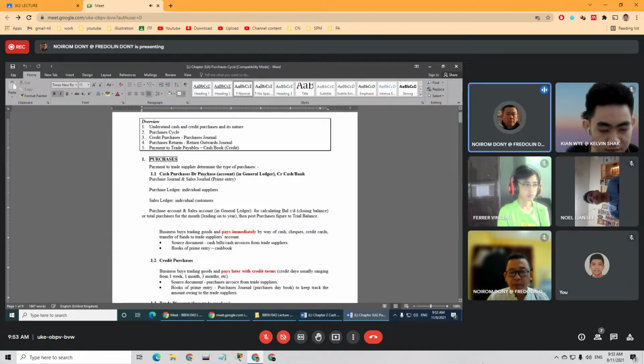we debit purchases account and we credit cash or the bank. Okay, I hope you understand why we credit cash and why we credit bank: because the cash reduces and the bank reduces when we make the payment, isn't it?